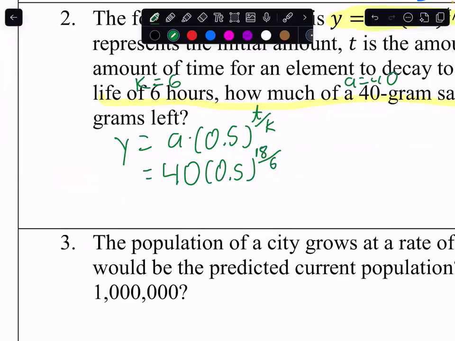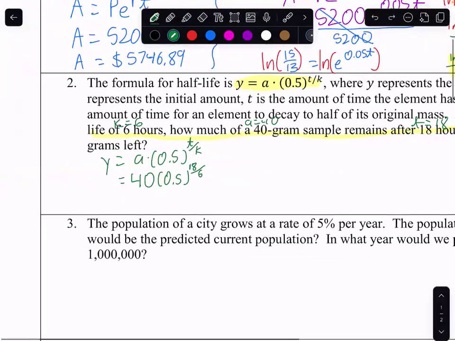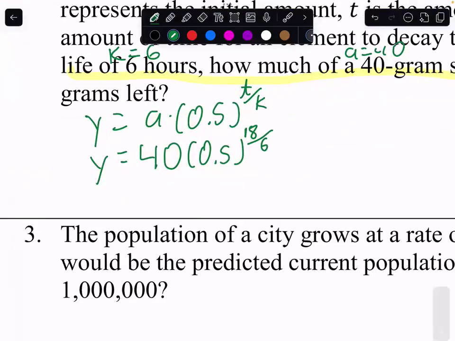Okay, and then the question is how much remains? How much is left over at the end? So what's the final amount? So Y is the unknown. Okay, so again, we see that the variable Y is already by itself. So we just need to type the right side into our calculator. Just a quick warning, those of you with TI calculators, you likely need to put parentheses around the exponent before you type it in.